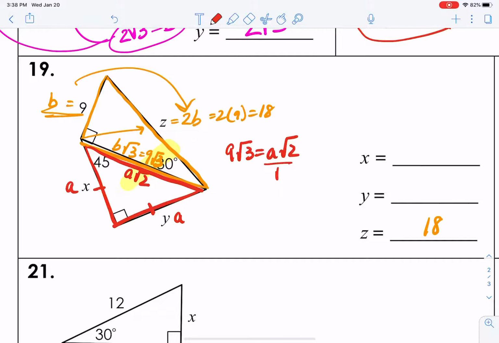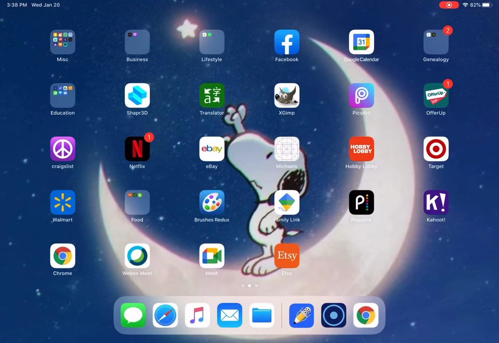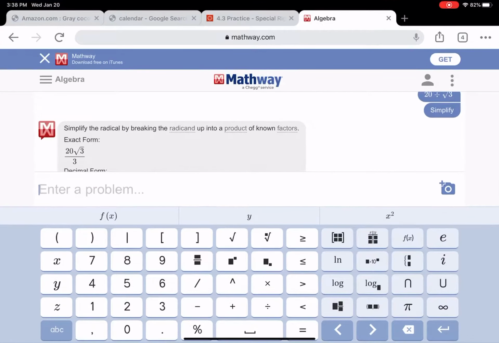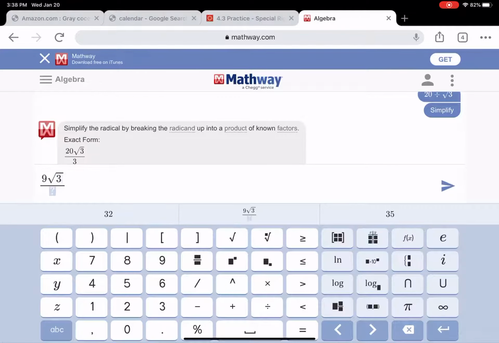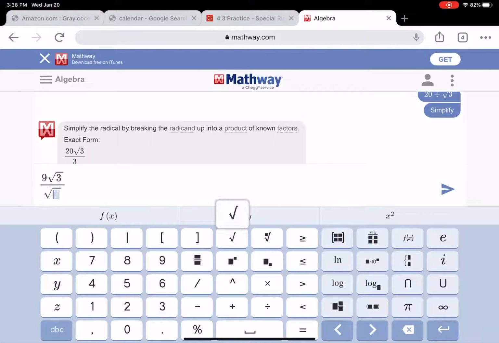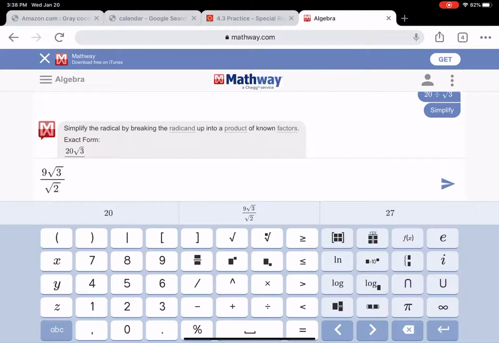So I have 9 square root of 3 equals A square root of 2. So I'm going to divide by the square root of 2, and I have 9 square root of 3 over the square root of 2 equals A. And I need to go back to our calculator to simplify that. So I'm going to use the fraction button right here in the middle. So that's 9 square root of 3, and then in the bottom, the square root of 2.